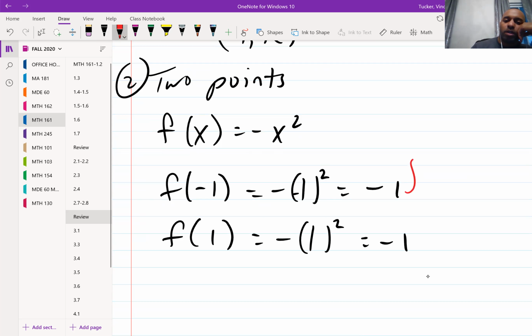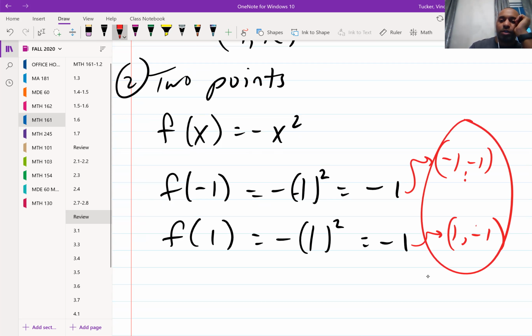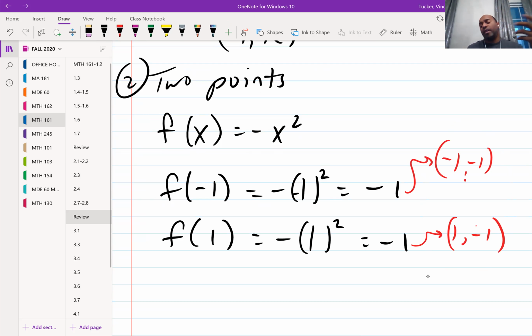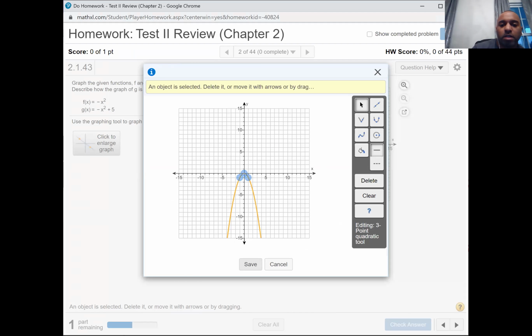So my ordered pairs are -1, -1 and +1, -1. Okay. So graphing those 3 points, the vertex and 2 random points, I just chose those. Those could have been any points. You just have to make sure that they're actually on the grid. And so that's how I got this right here.